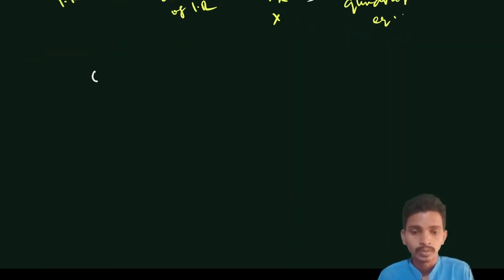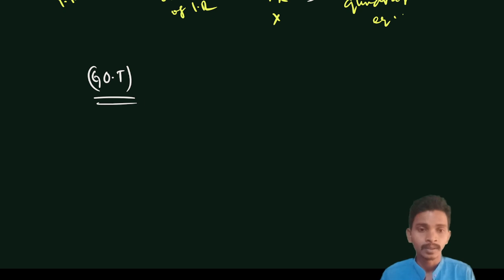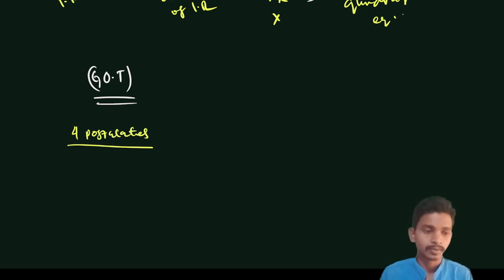And we say that we have 4 rules. The GOT, great orthogonality theorems, gives 4 postulates. What are the 4 postulates?